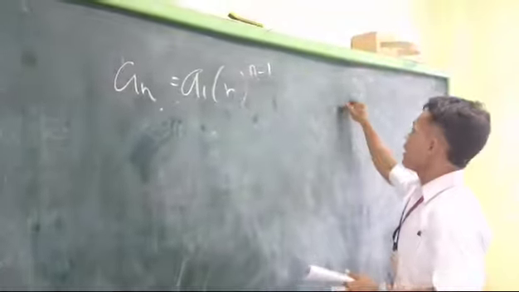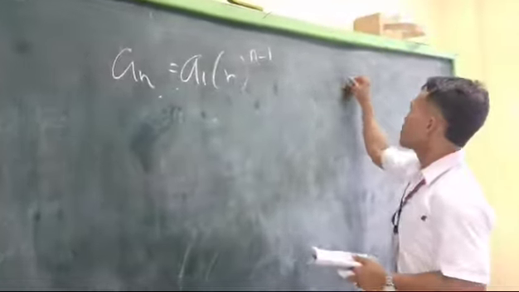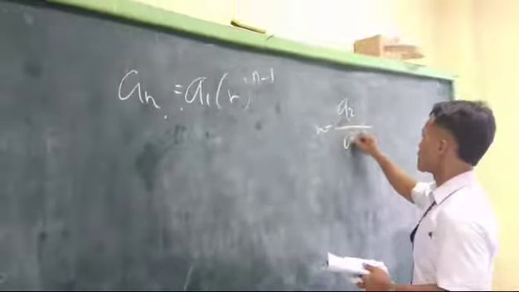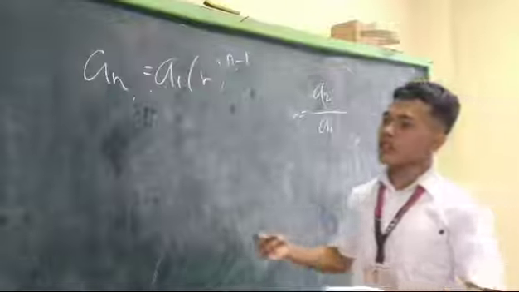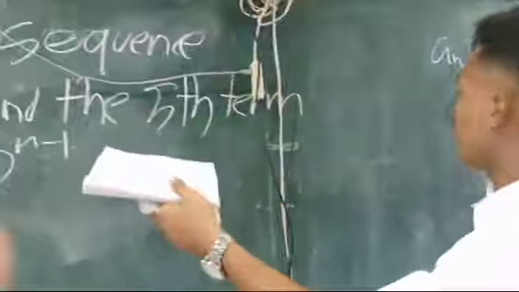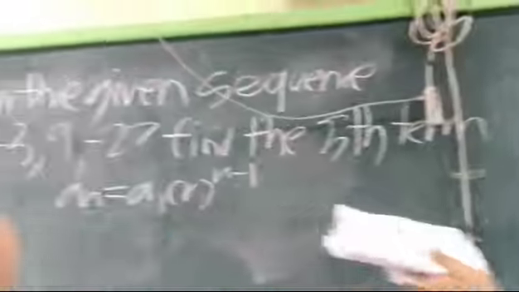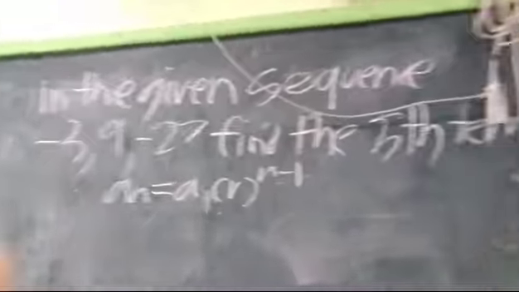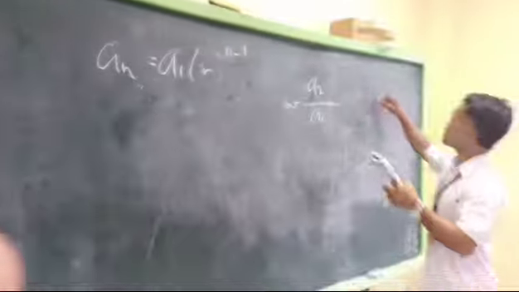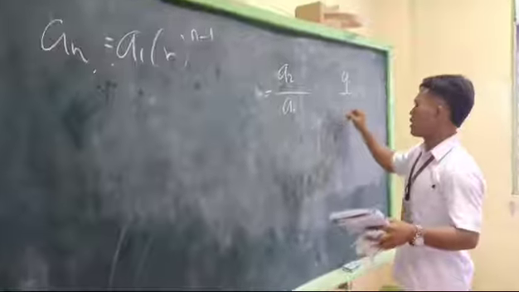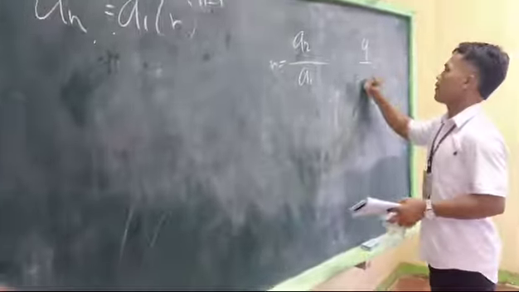So now, r equals a sub 2 over a sub 1. What is a sub 2 over there, and where is negative 3, which is a sub 1? Our a sub 2 is 9, which will be divided by negative 3, which is a sub 1, right?